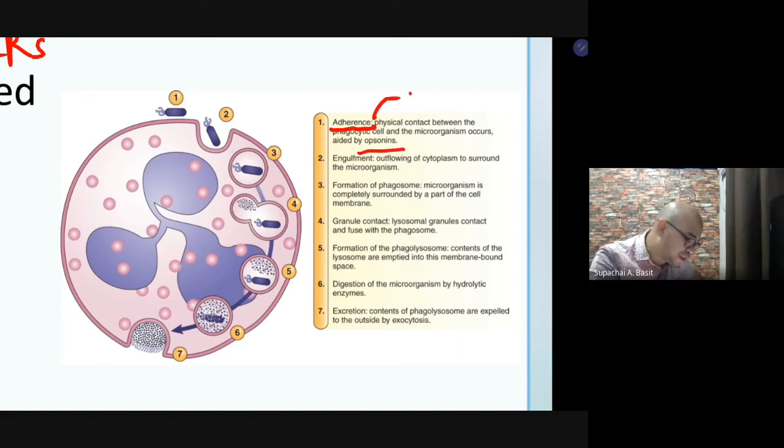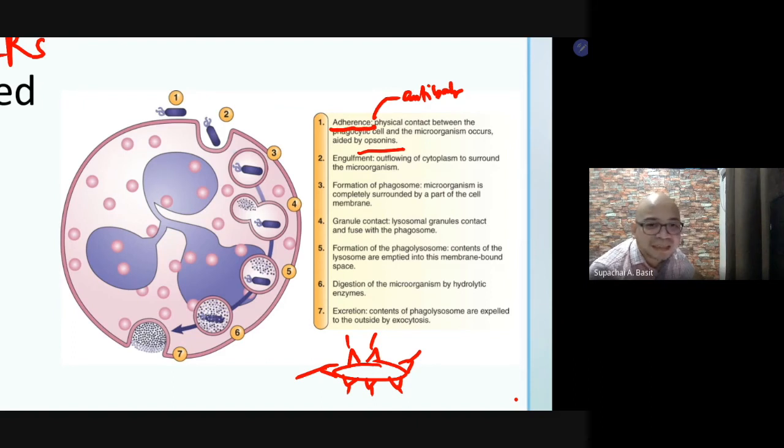Opsonin is actually an antibody that mediates in phagocytosis. So if this is the bacteria, then opsonin will try to surround the bacterial cell and this will mediate phagocytosis. However, there is an exemption for adherence. That is if the cells have a capsule.